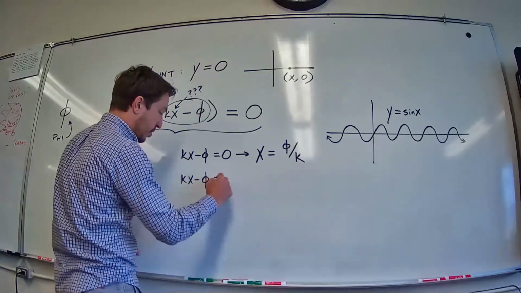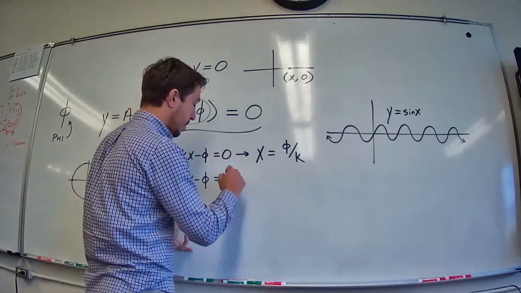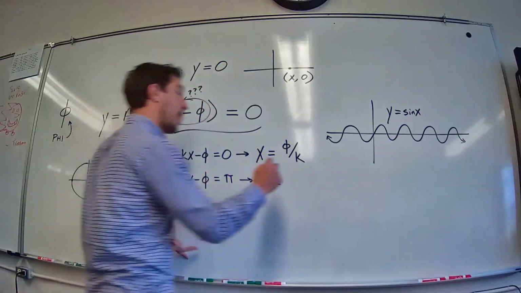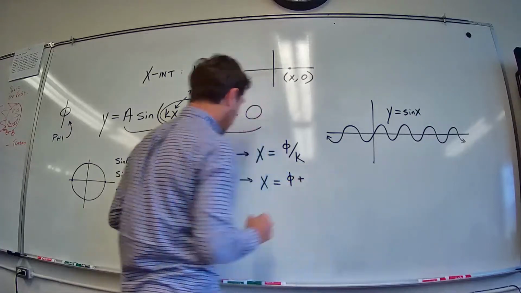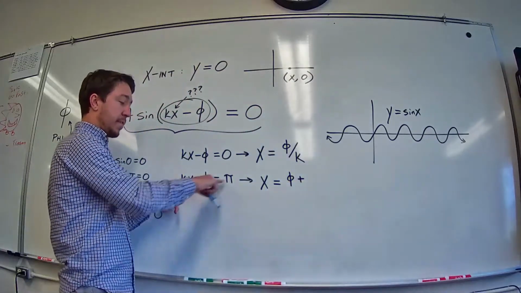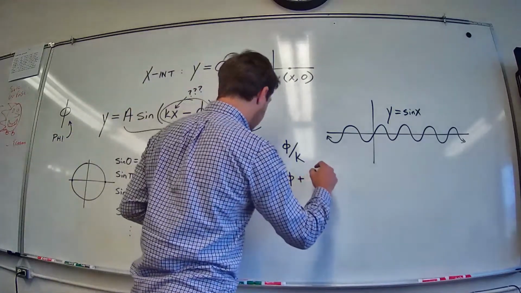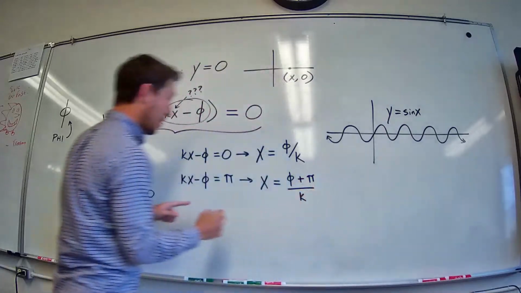Kx minus phi could also have equaled pi. That would get us an x value of the same thing, but you'd add the phi divided by k. So you get phi plus pi over k.